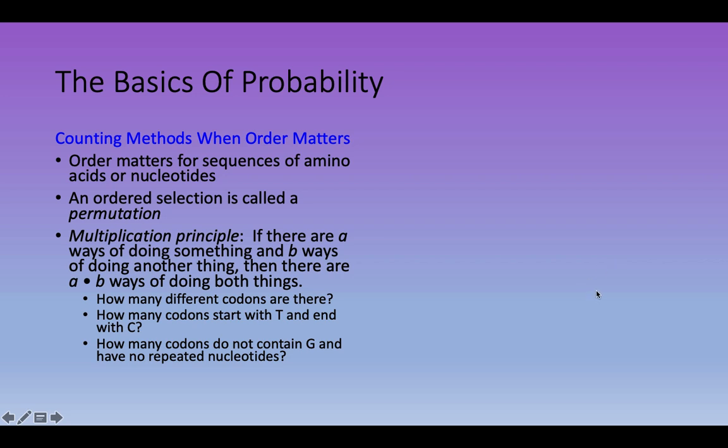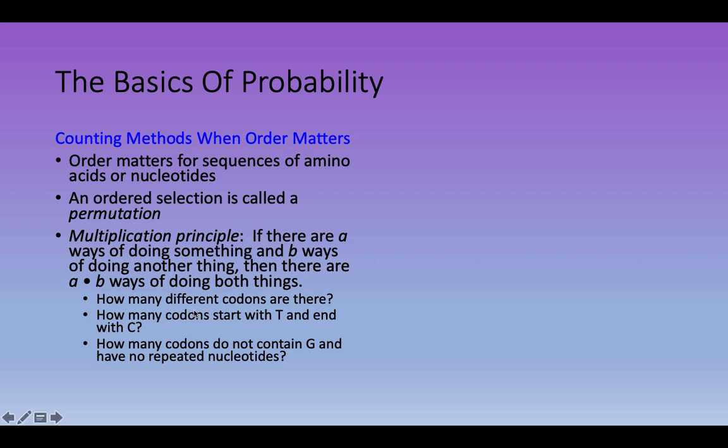We can think of rolling a 4-sided dice 3 times. And basically, the number of possible different codons out there is 4 to the third, right? So that's 64 different cases. So that's the total number of possible codons I could come up with.